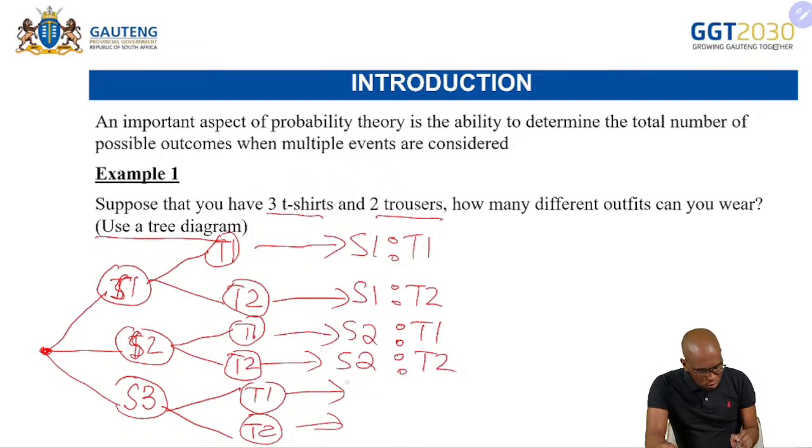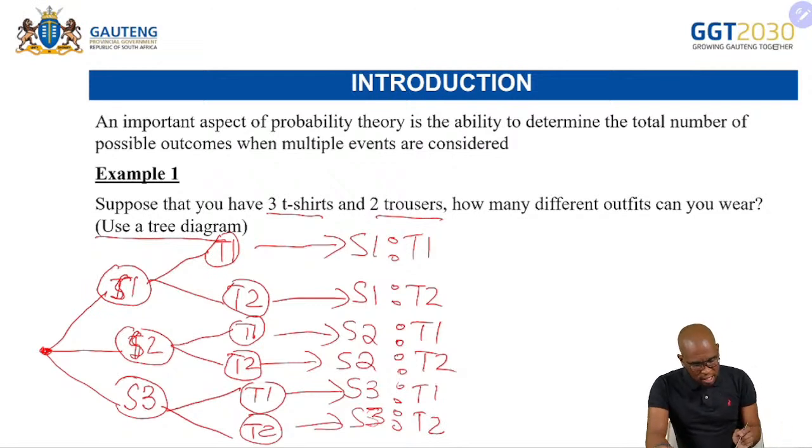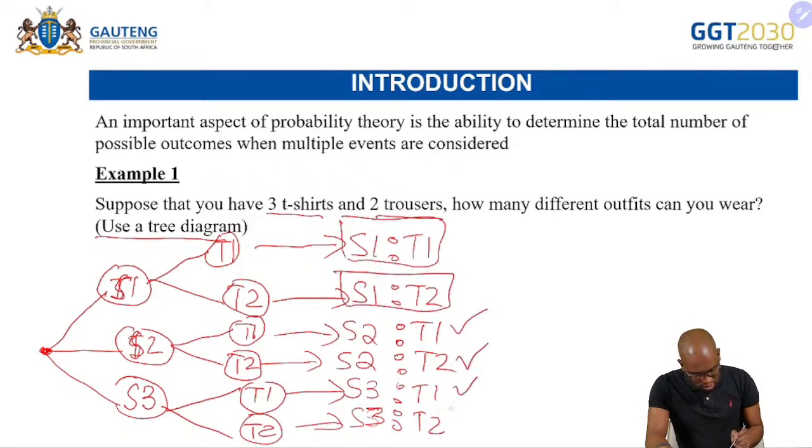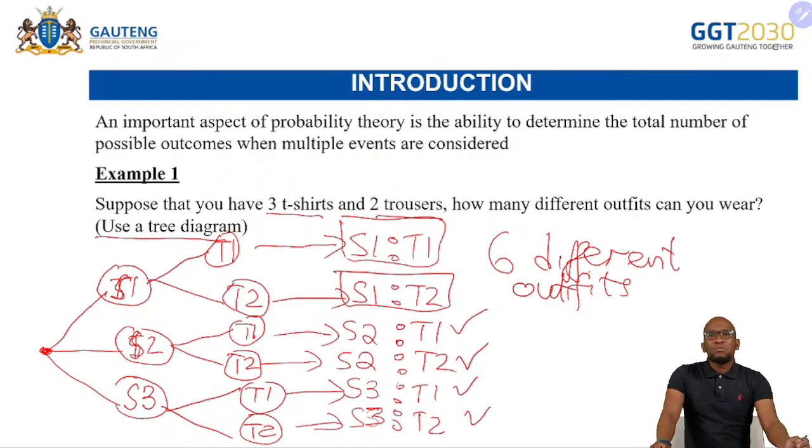Moving on, we can wear t-shirt 3 with trouser 1 or t-shirt 3 with trouser 2. Now, if you check here, these are the outfits that we have: the first outfit, the second, the third, the fourth, the fifth, and the sixth. So we have 6 different outfits when we make use of our tree diagram.